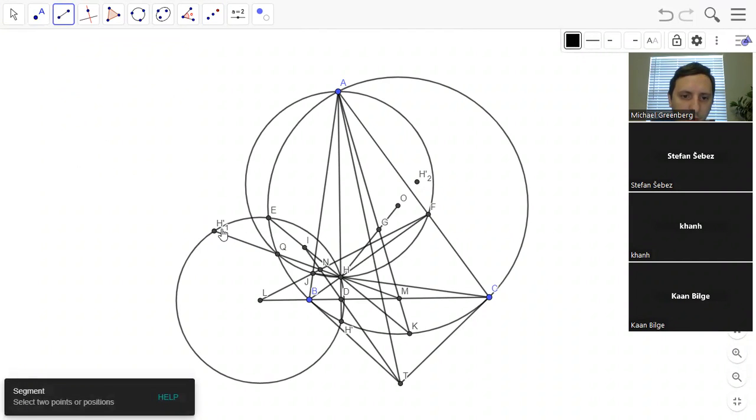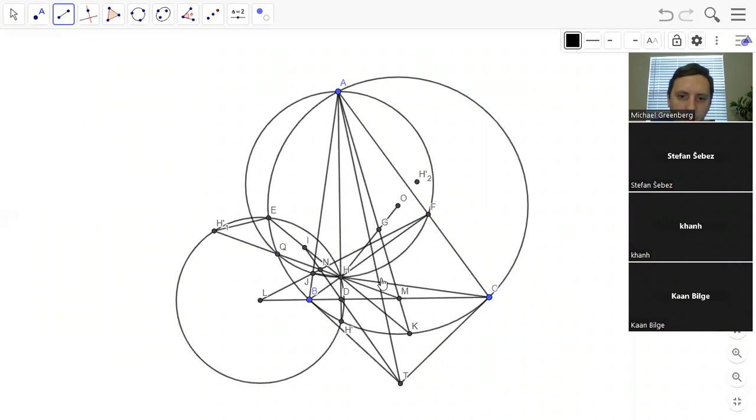We just want to show G. So G is like, G is, so GH2, let's see. So O would be the midpoint of those two, right?